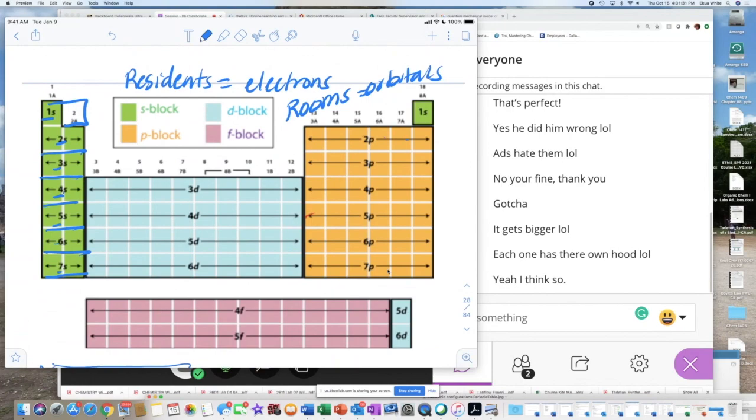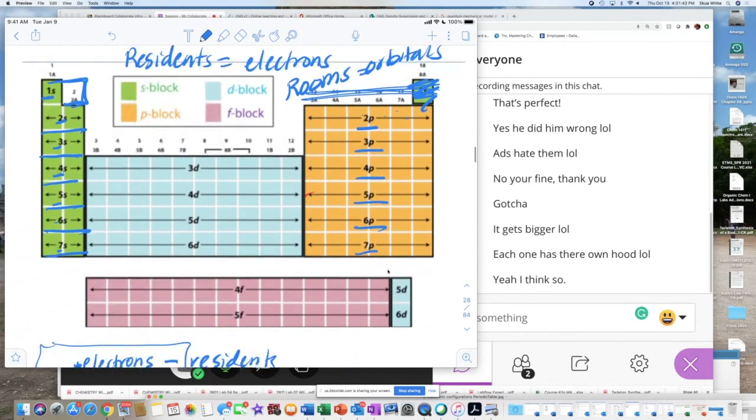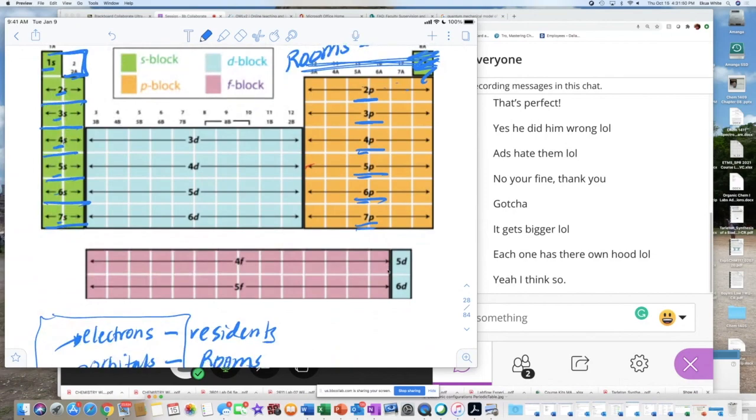Here in the 2p level, technically this belongs here. So 2p level, this section here is empty. There's nothing here. It starts off with 2p, 3p, 4p, 5p, 6p, 7p. So here, the lowest level on here is 2, 3, 4, 5, 6, 7. On the D level of this hotel, the D wing, we have 3, 4, 5, 6.